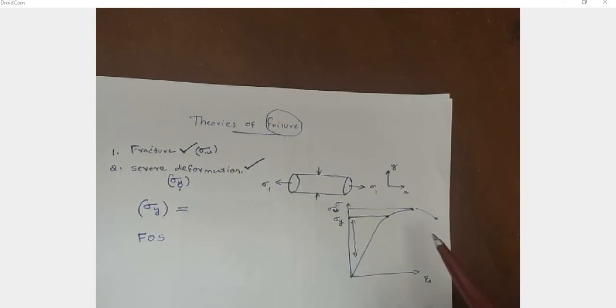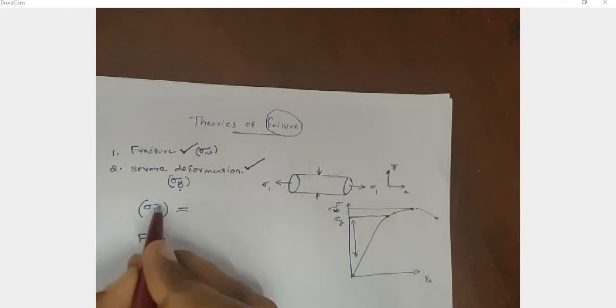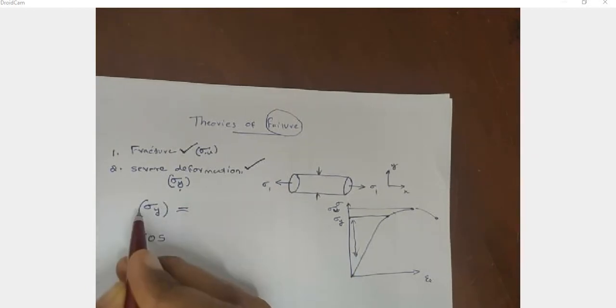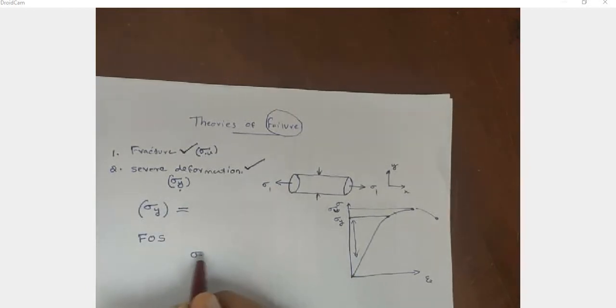During those conditions, there is a chance of crossing sigma y. So we have to maintain a safety margin to avoid this. For that we use factor of safety. So instead of designing with respect to sigma y, we design based on sigma allowable.